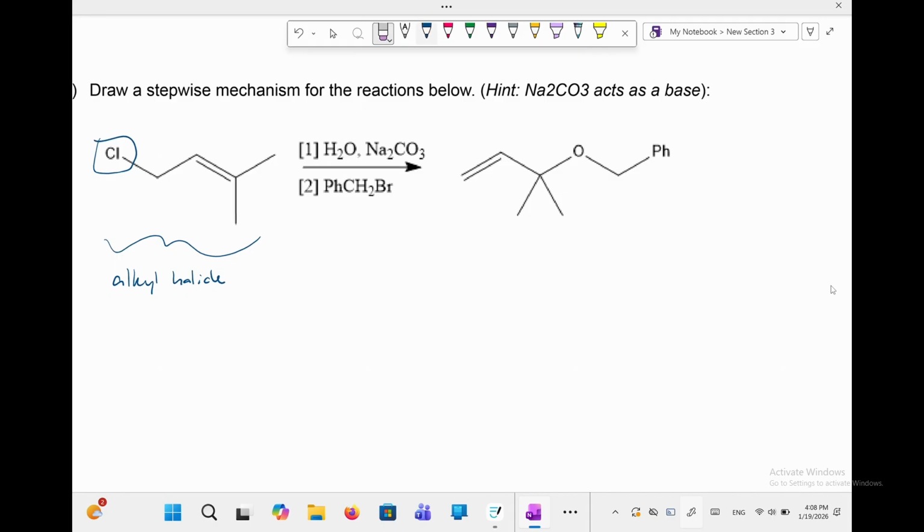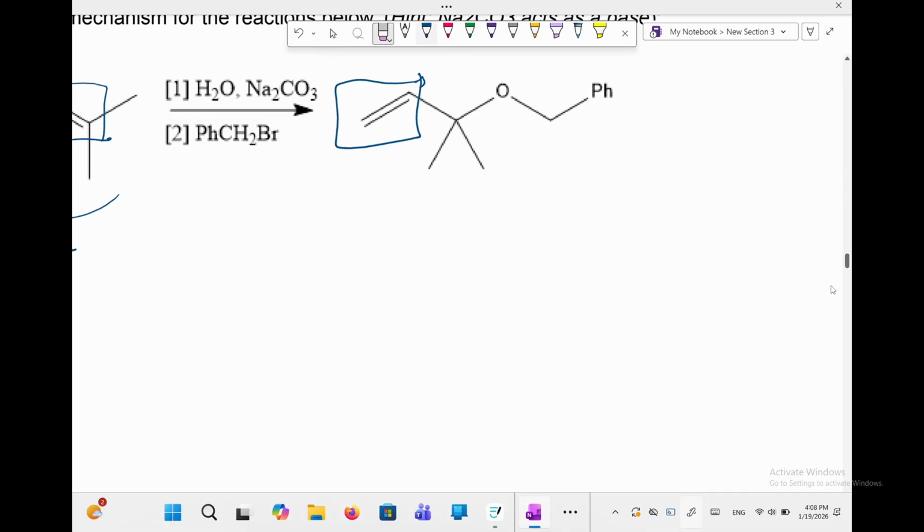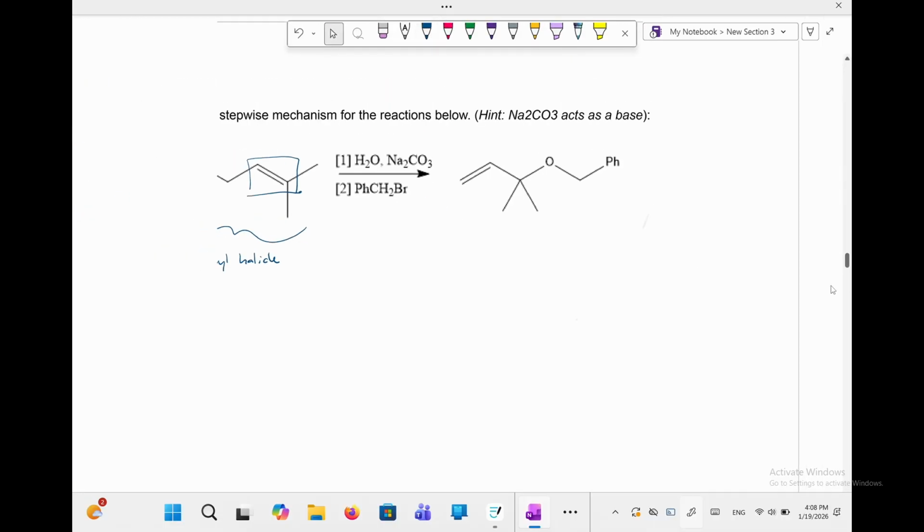On the right-hand side, I see that there is no chlorine, so it most likely left. And interestingly enough, I see that this double bond shifted. So there has to be some kind of interplay there. There has to be something happening there. What we can do is break this product down. So let's do that.